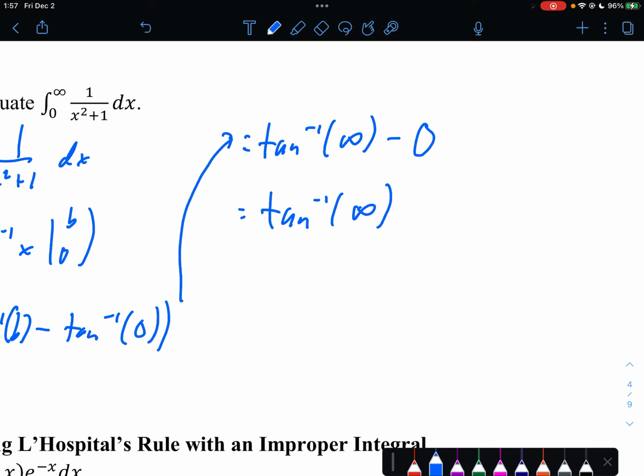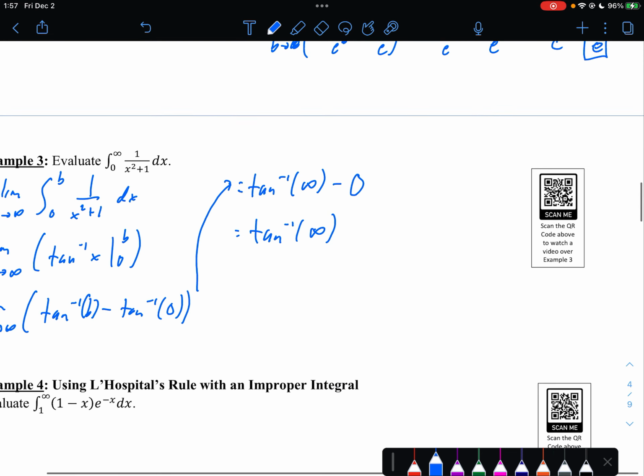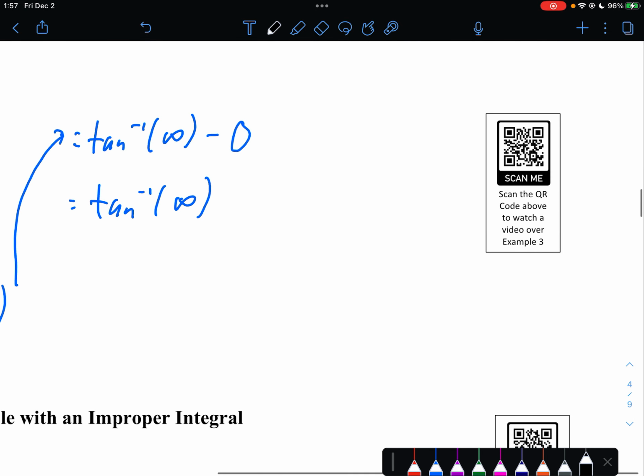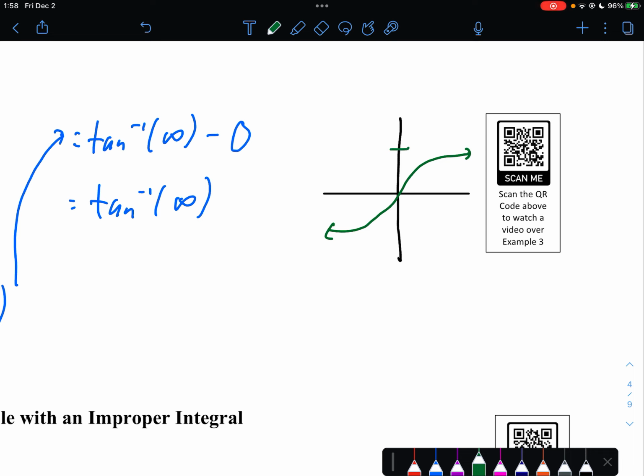So if you think about the tangent inverse graph, let's draw a quick sketch of the tangent inverse graph here. The tangent inverse graph would look like this. So we want to think about, all right, what is this horizontal asymptote that we're getting to?